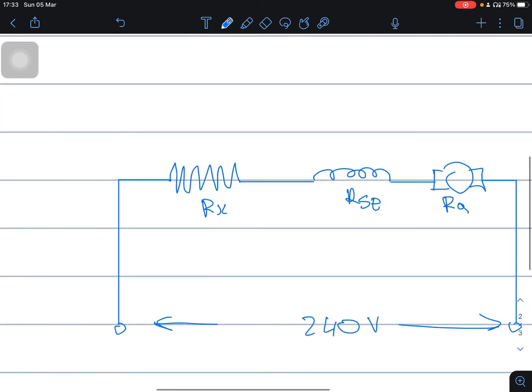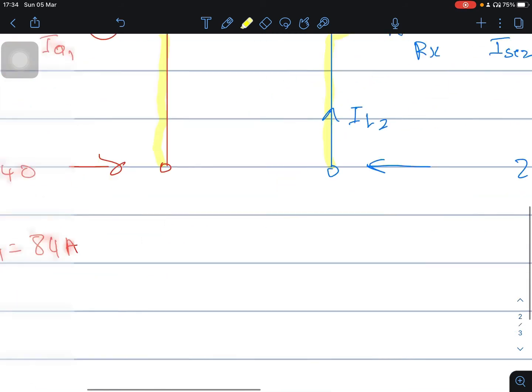What we see here, guys, is that the current I load 2 is still the same as I series 2 or I armature 2, because we didn't put a diverter in the circuit. We only added that resistor in series. We didn't connect it in parallel, so there's only one route for current to flow.